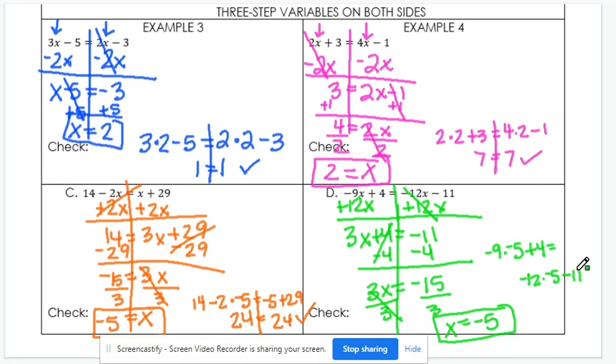Negative 9 times negative 5 plus 4. I got 49 for this one. And now I'm going to do the bottom, which is negative 12 times negative 5 minus 11. And that one I also got 49.